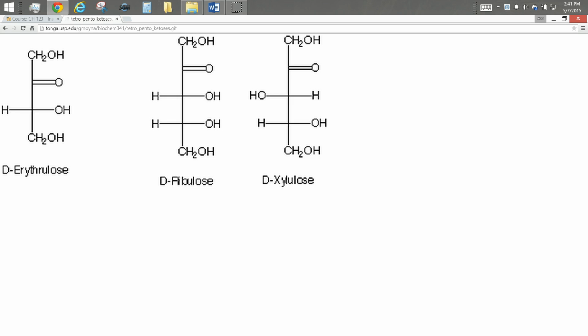Here are 3. No, here are 2. So the one that I actually drew was just random. How do you say that? Xylulose? Where are you at? Xylulose. That's a terrible name, but okay. Yeah, great.